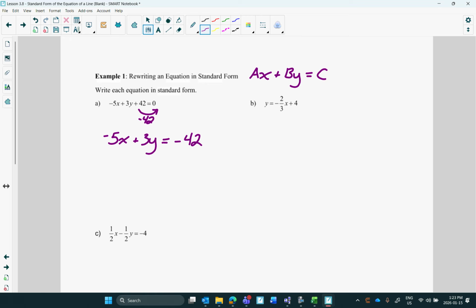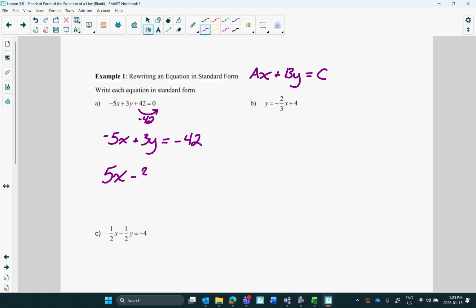Am I done? I'm not. The a can't be negative. The number in front of the x can't be negative. So how can we do this quickly? I want to change this to 5x, right? All I did was change the sign. And whatever you do to one thing, you have to do to everything else in the equation. So what does this change to?